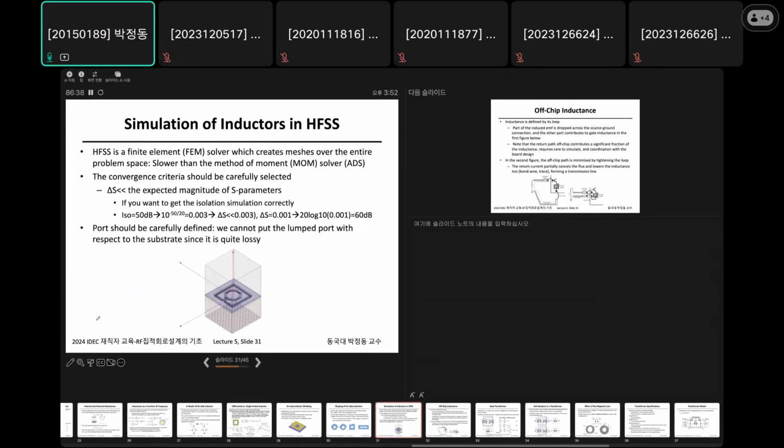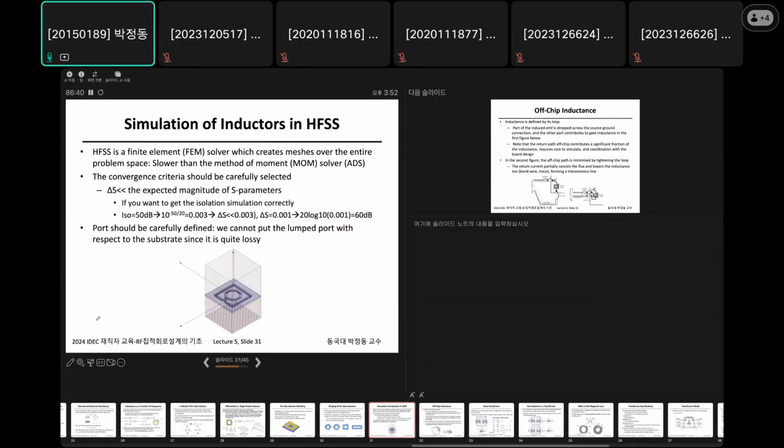Okay, here is the simulation setup. So if you want to extract S parameters, isolation, then let's say the isolation is 50 dB, then this is in magnitude 0.003. So in HFSS setup, you have to make delta S smaller than this value.